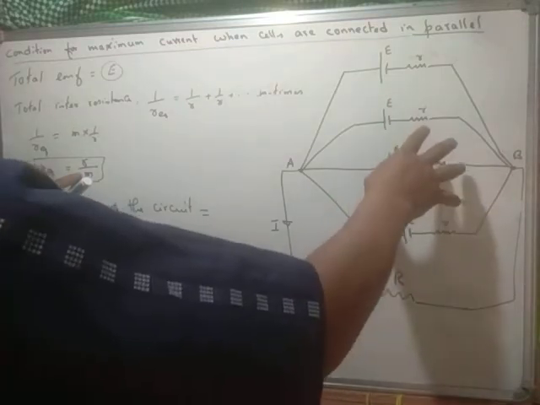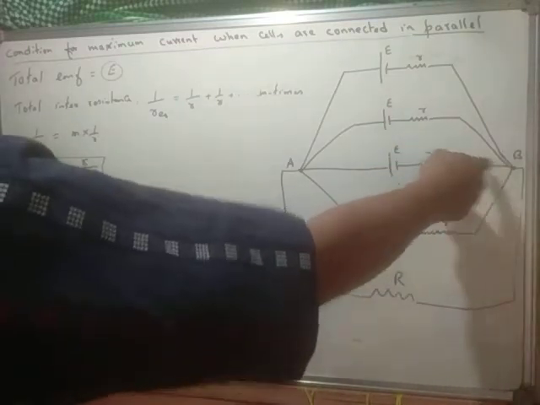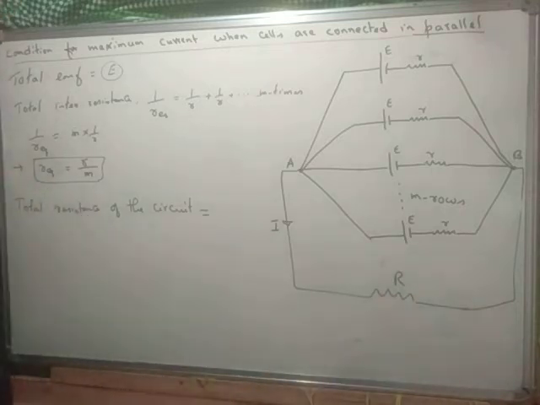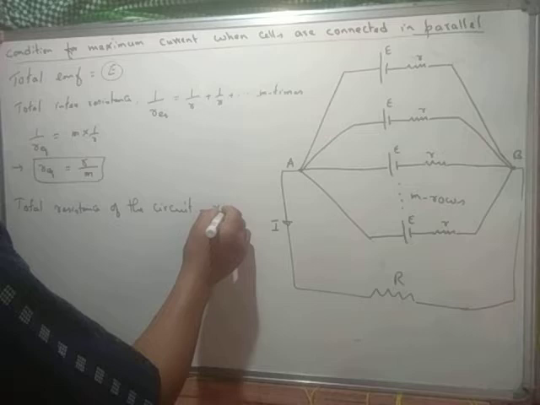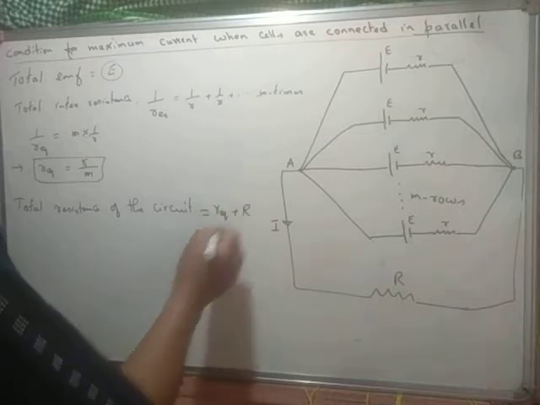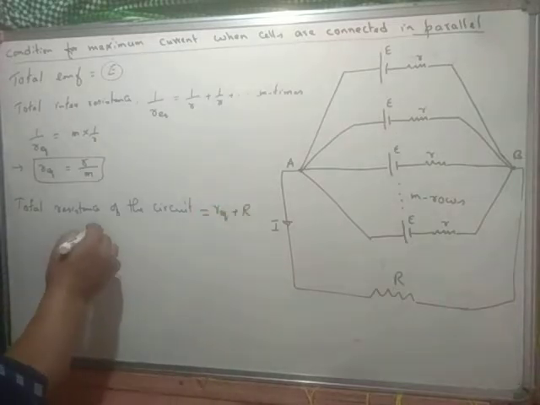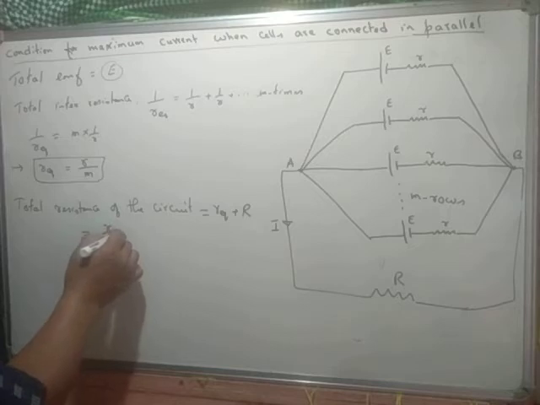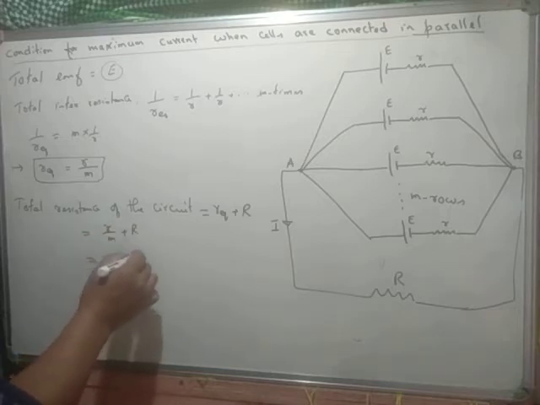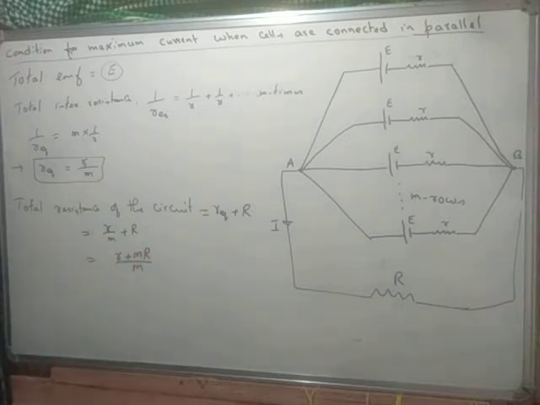This internal resistance r equivalent is connected in series with capital R. Therefore the total resistance of the circuit is r equivalent plus capital R, which means r upon m plus capital R, or r plus mR upon m.